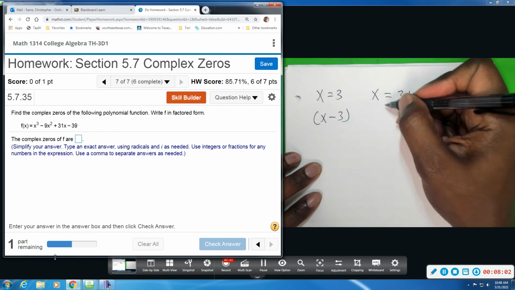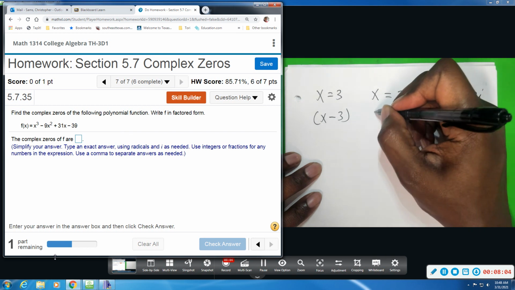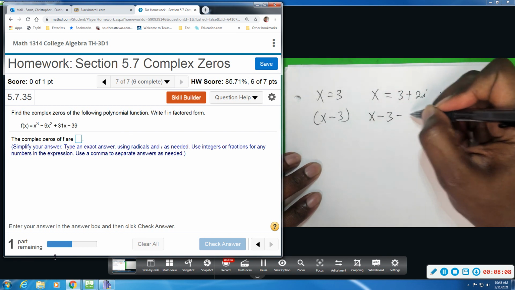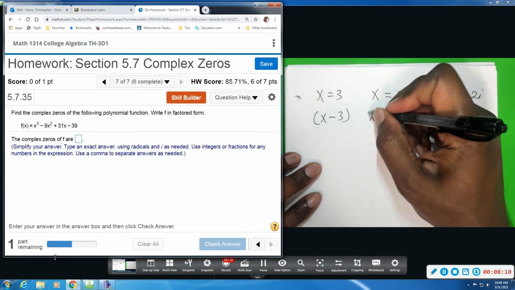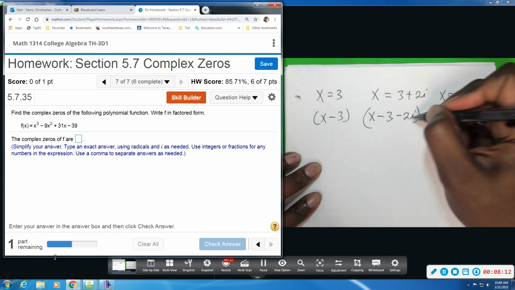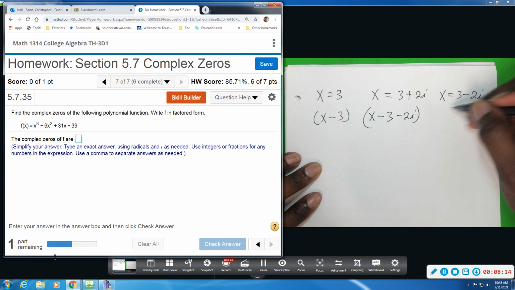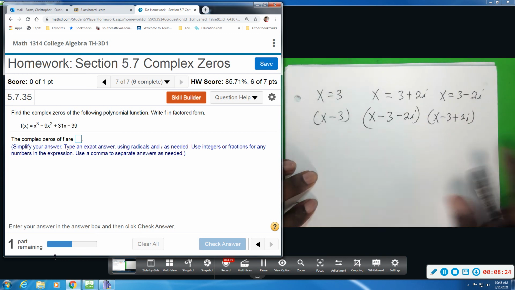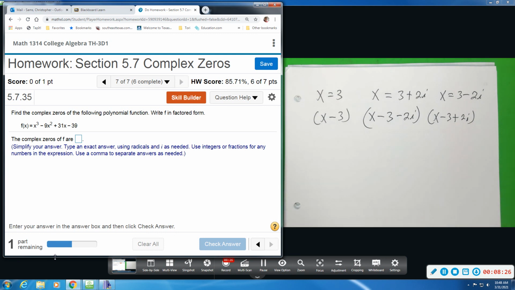When we move these terms over, this will become x minus 3 minus 2i. That is a linear complex factor. And when we move these over, we get x minus 3 plus 2i. So this would be our factored form of our polynomial with our complex zeros.